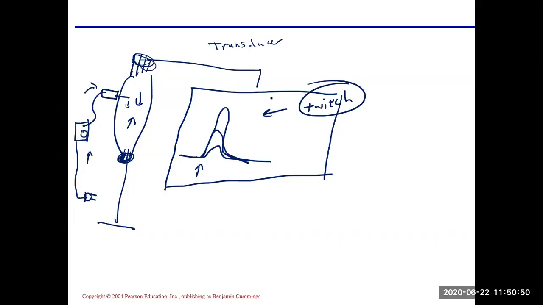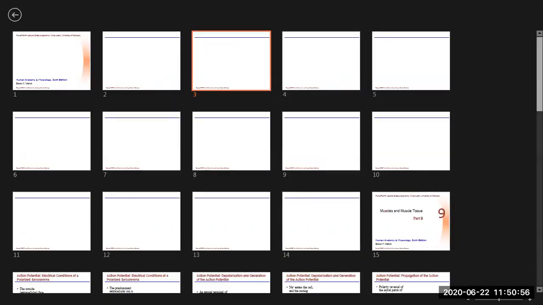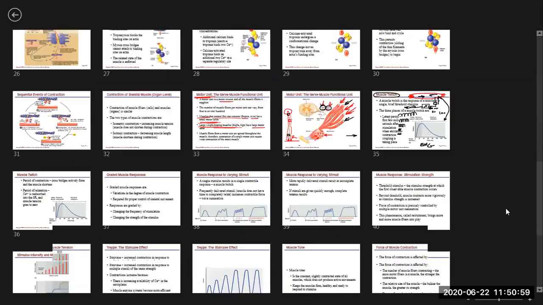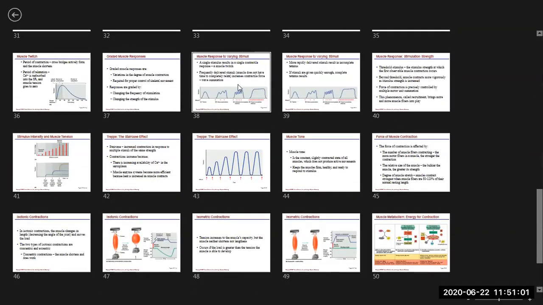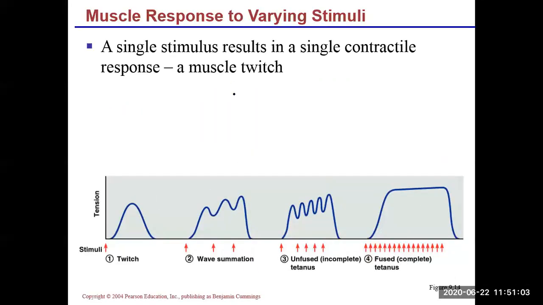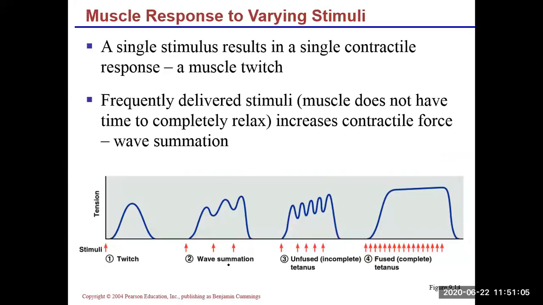All right. So each muscle twitch consists of 3 phases.